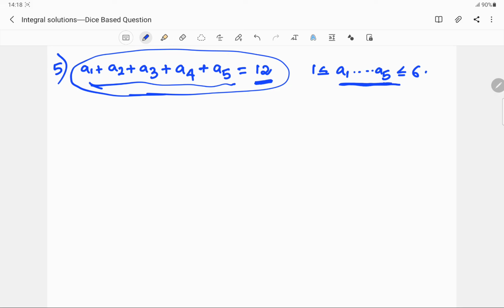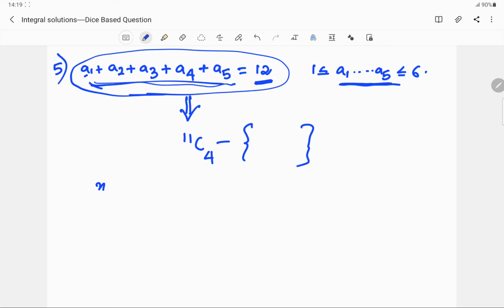So integral solutions to this equation when a1, a2, a3, a4, a5 are greater than or equal to 1 would be, there would be 11 gaps. Out of 11 I need to select 4 because 5 variables are there, and subtract the cases where these variables are greater than 6.